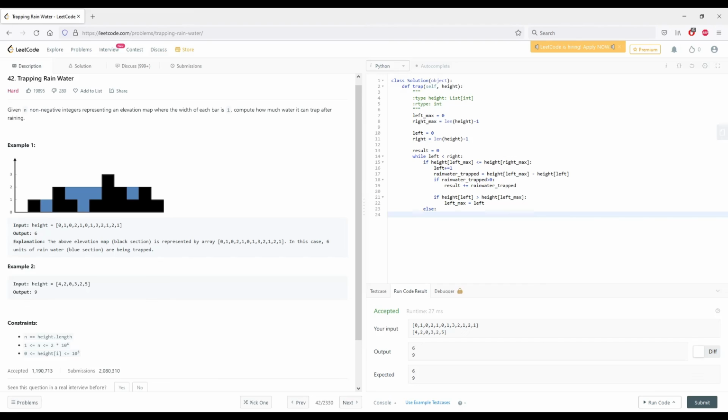And we do the same thing here. Otherwise, the right max is greater, so we do right minus equals 1, and rainwater trapped equals right max minus height right, and if rainwater trapped is greater than 0, then we increment the result.